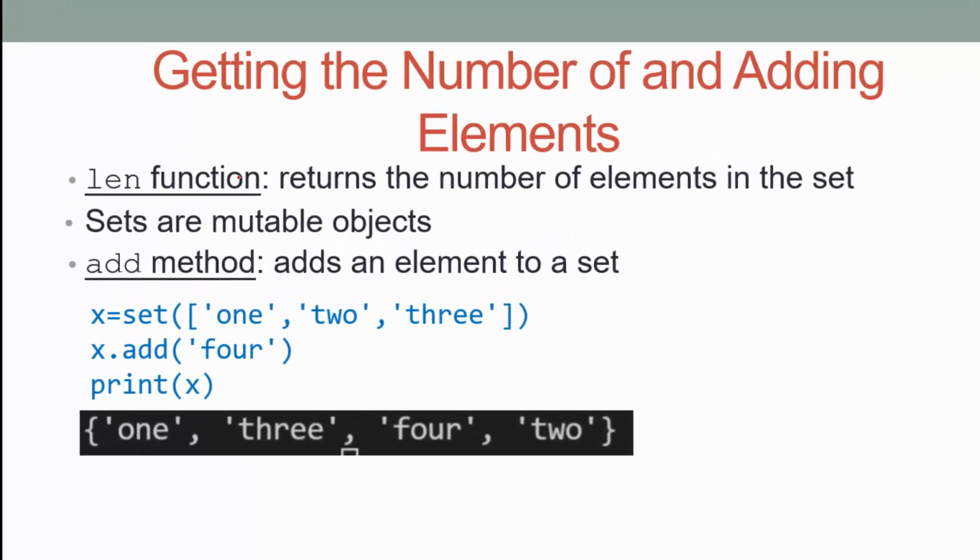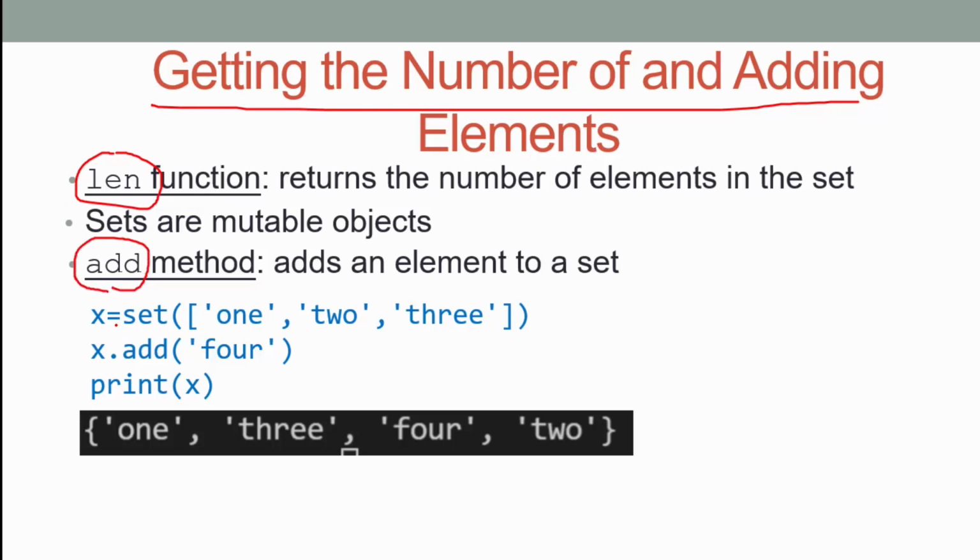So similar to other things you learned in Python, how many elements in the set? You use the len function. How to add? You use add. Very simple. So how to know the length? Len. How to add? Add.